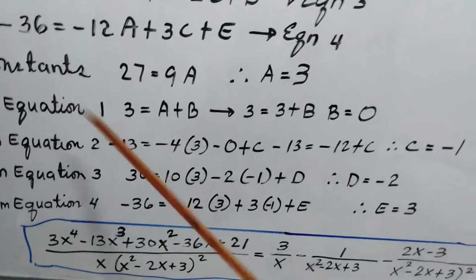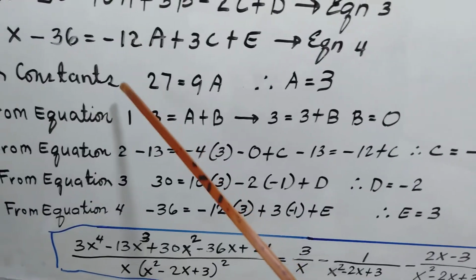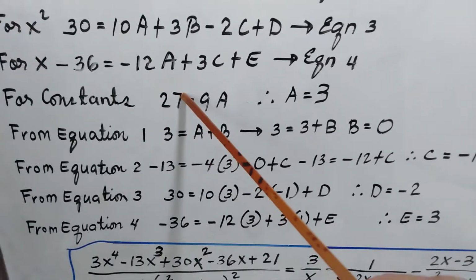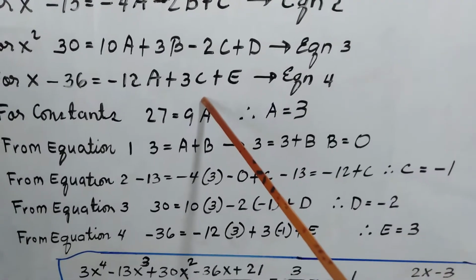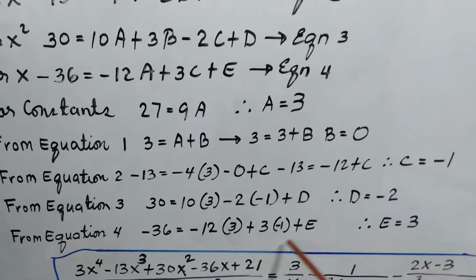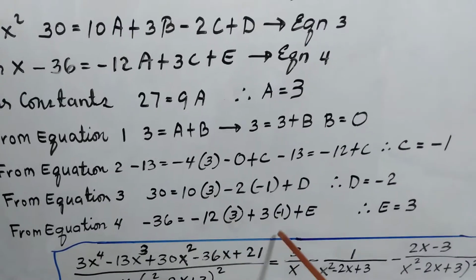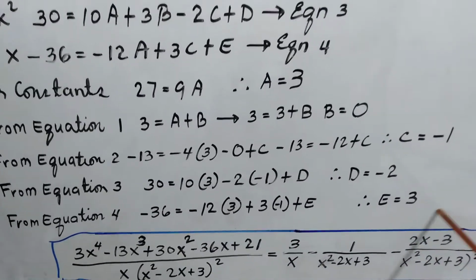Equation 4 is negative 36 minus 12 times 3 plus 3 times negative 1 plus e. After substituting, we get this one. We cancel out 36 and 36 and negative 3, so e is equal to 3.